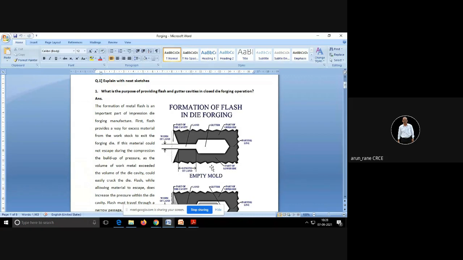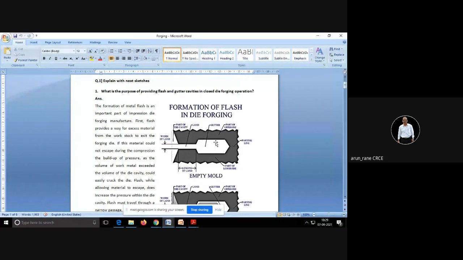This is sometimes also called as the slug, or in case of injection molding or blow molding, we call it as a preform. Or in powder metallurgy also it is called as the preform. That is, it's a kind of a raw material for powder metallurgy or for blow mold.